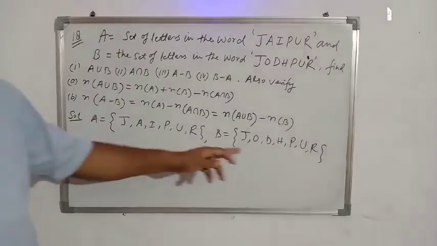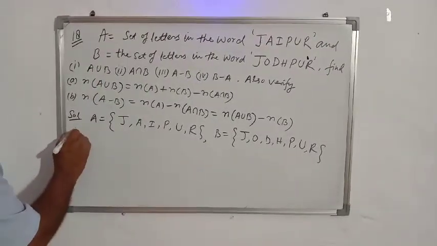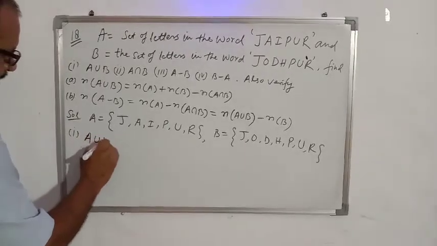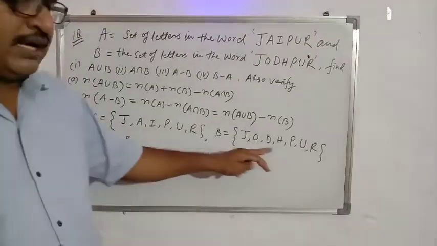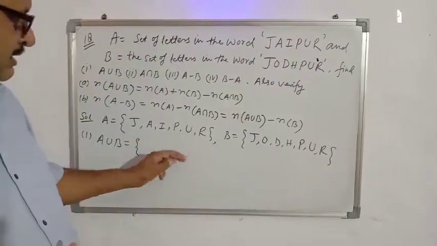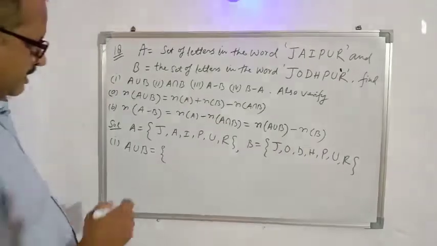These are two sets A and B, and we have to write first part A union B. So what will be A union B? A union B means we have to write the elements of both the sets, but common elements we have to list only one time.